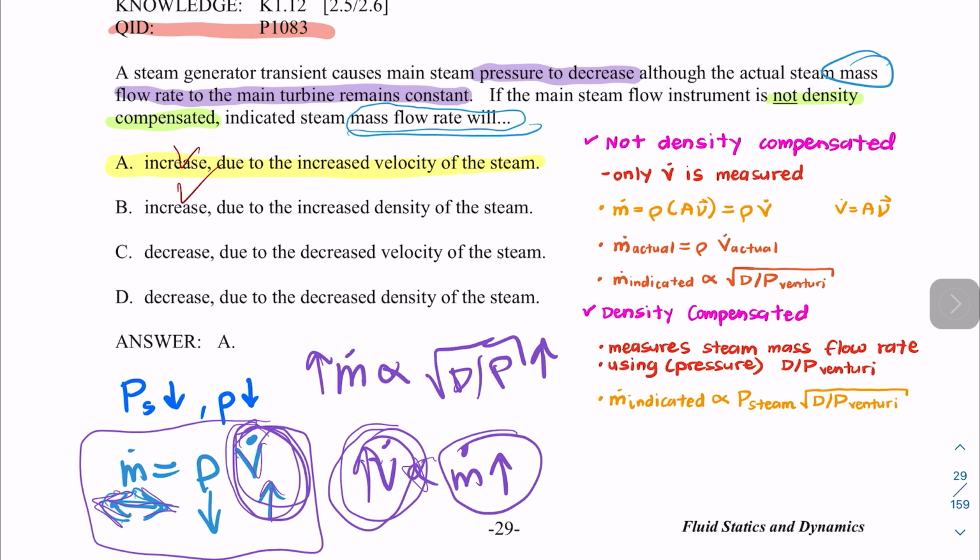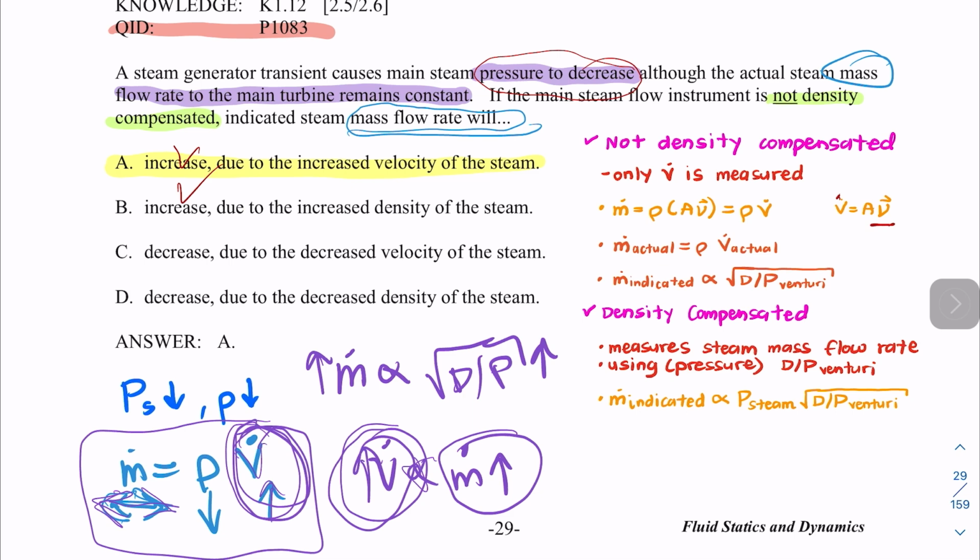Remember that it says that pressure causes the main steam pressure to decrease. The mass remains constant. So the indicated steam mass flow rate is increasing, right? But the volumetric flow rate in this case is going to be a relation of the velocity.